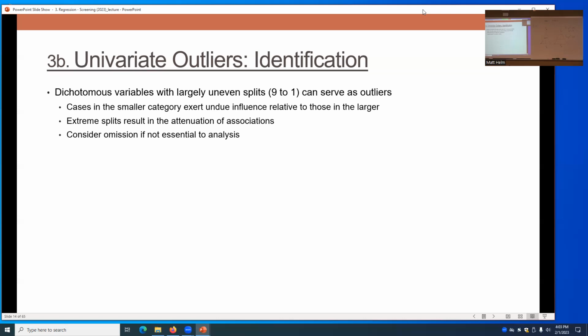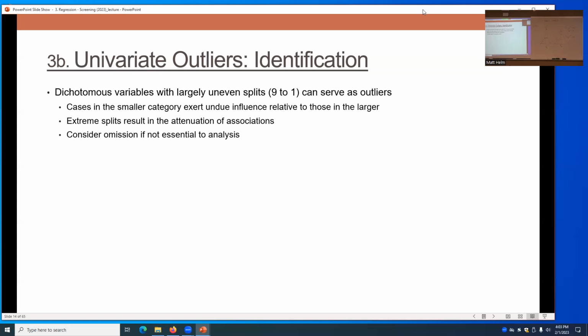What happens is any individual within my underrepresented group has much more influence because there's only a handful of them relative to the one person in the sea of white people that we have in the other group, right? And so now any individual case starts to have a bigger influence within that smaller group.